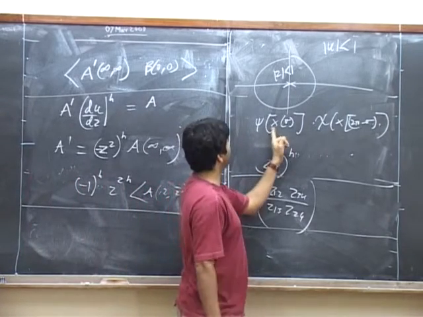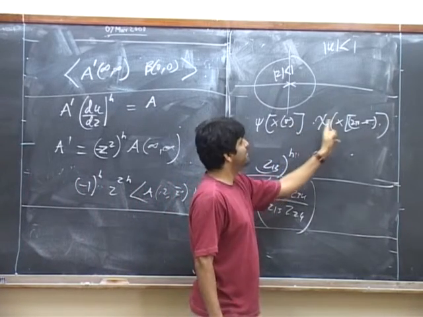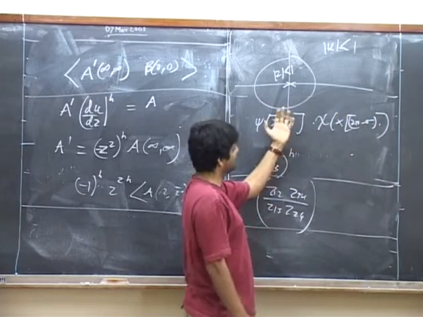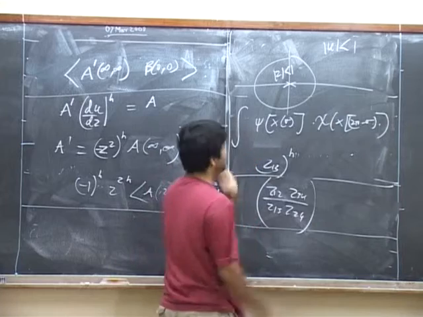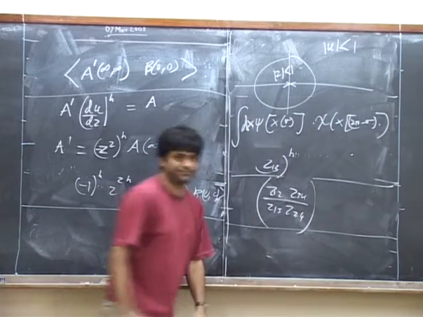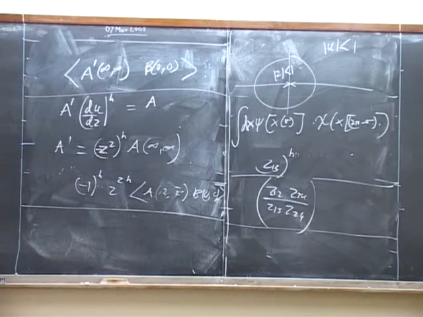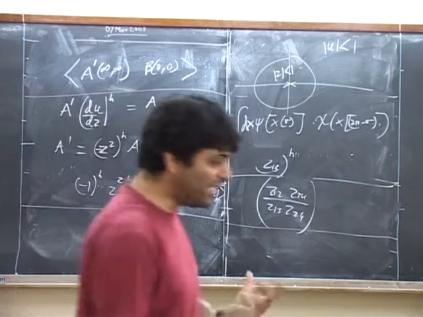So we get psi of x of sigma times chi of x of 2 pi minus sigma, and then this thing integrated over dx. So what is this object?